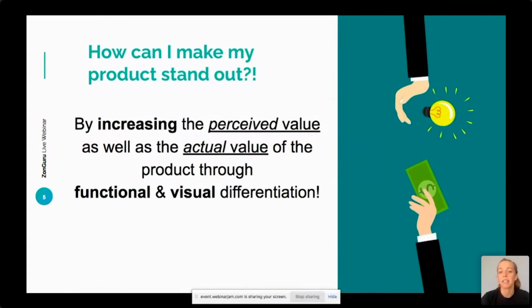So it's basically asking, hey, how much do you think this drink bottle is worth? The actual value comes down to the quality of the product, the features of the product, and the benefits. So we can increase both the perceived value and the actual value, and we are going to do this through functional and visual differentiation.